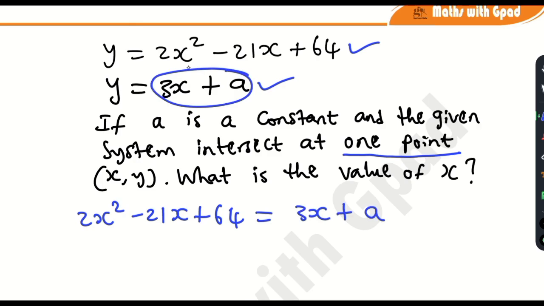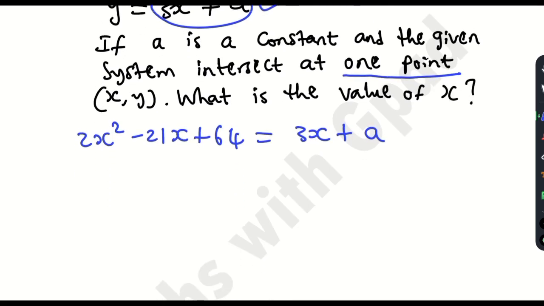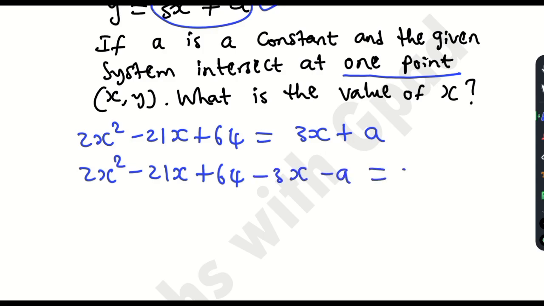Now let's take 3x plus a to the left-hand side and have them on one side. So that's going to be 2x squared minus 21x plus 64, then minus 3x, then minus a, all equal to 0. Let me rearrange this now. That will be 2x squared, minus 21x, minus 3x, plus 64 minus a.